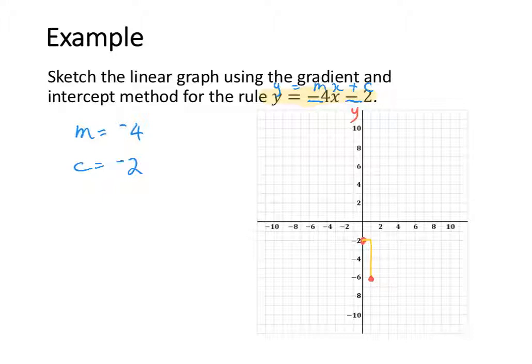Now once I've got two dots, I can go ahead and graph, or I can put a third dot on for increased accuracy. So again, using my gradient, as x increases by 1, my y value is going to decrease by 4. Then I can put that third dot on and join all three dots to make a straight line.